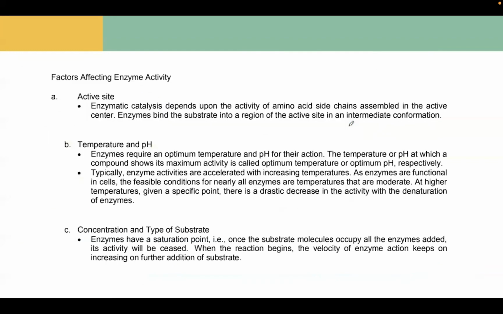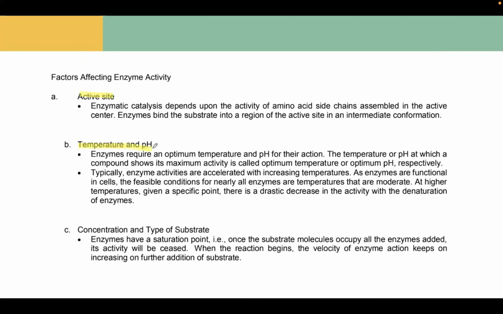Okay po. And then ito po yung mga factors that affect our enzymatic activity. Pakitandaan si active site. Enzymatic catalysis depends upon the activity of amino acid side chain assembled in the active center, then the temperature and the pH.